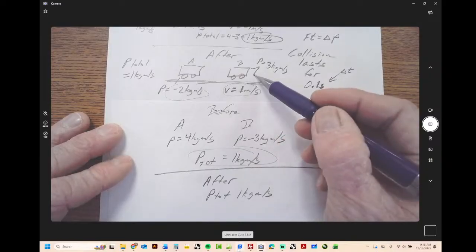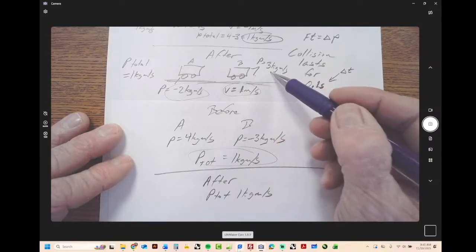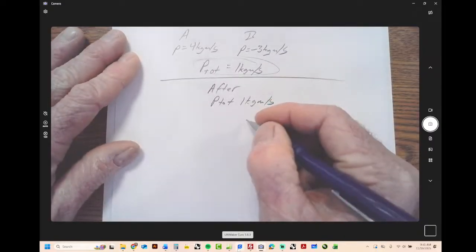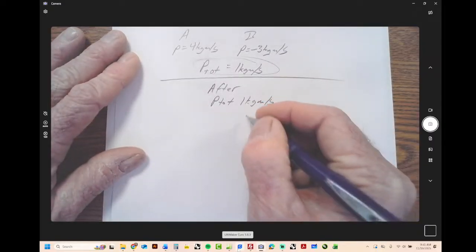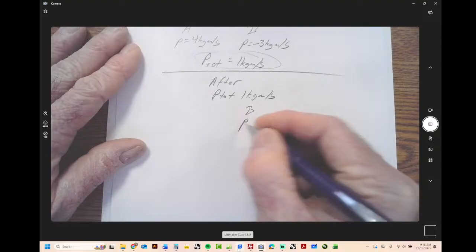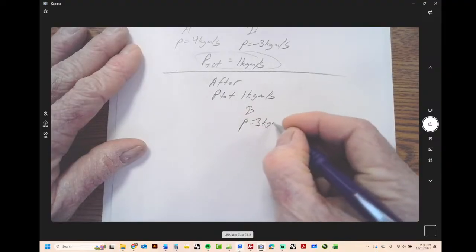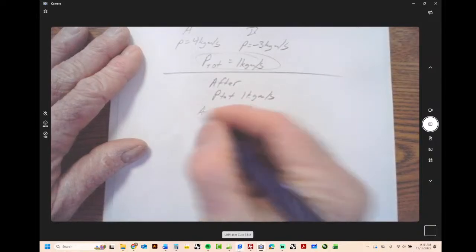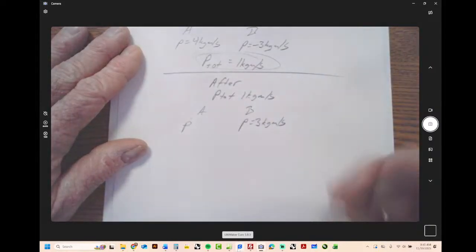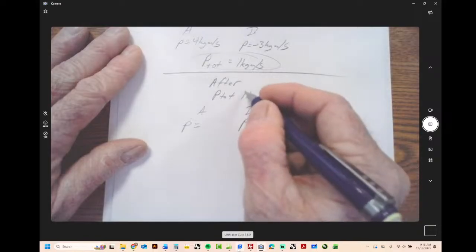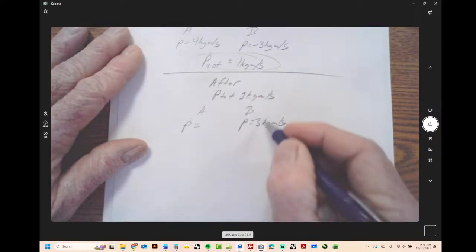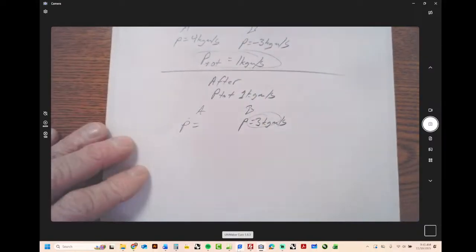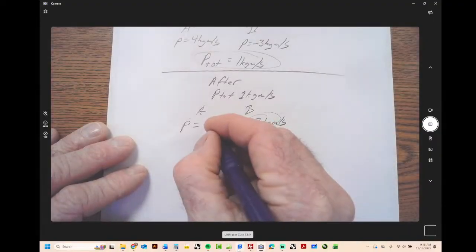So B has a momentum of 3 times 1. So B's momentum is 3 kilograms meters per second. And A, what's its momentum? If the total has to equal 1, 3 plus what equals 1? Negative 2. So this has got to be negative 2.